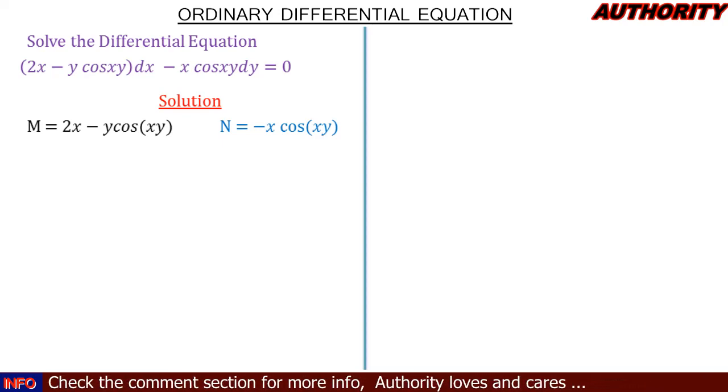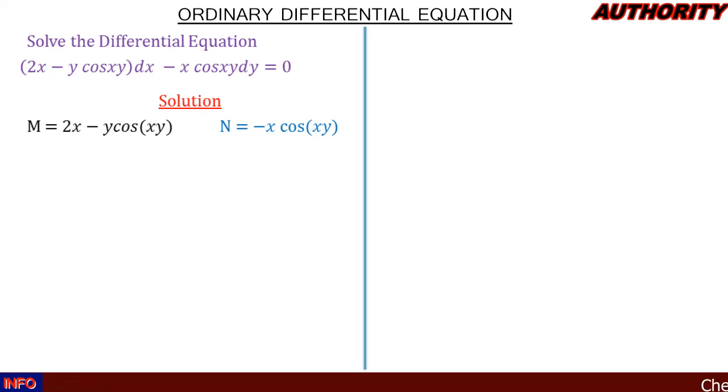Now let's go. In differentiating M partially with respect to y, in this M we have the variables x and y. We can say that M is a function of x and y. Differentiating M with respect to y partially means that every other variable that is not y, we regard it as a constant.